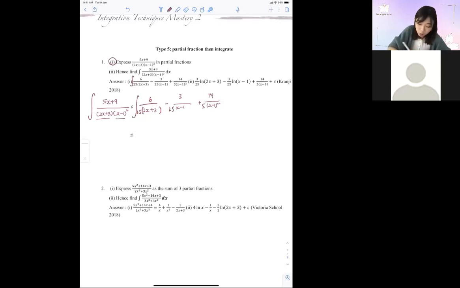Very good. It becomes ln. When you integrate power -1, it becomes ln. So 6 over 25 ln 2x plus 3. What am I missing now, Dylan? There's one more thing I need to do. When you integrate, you must divide by differentiate of the bracket, which is 2. Yes.